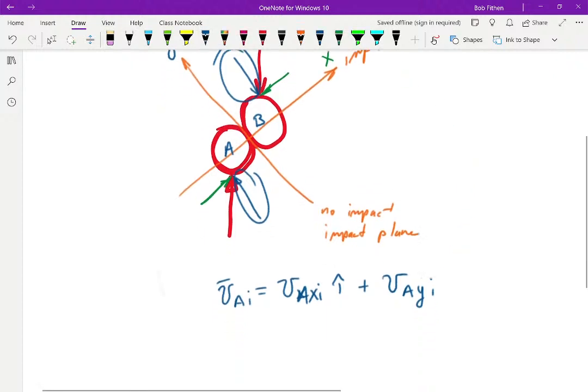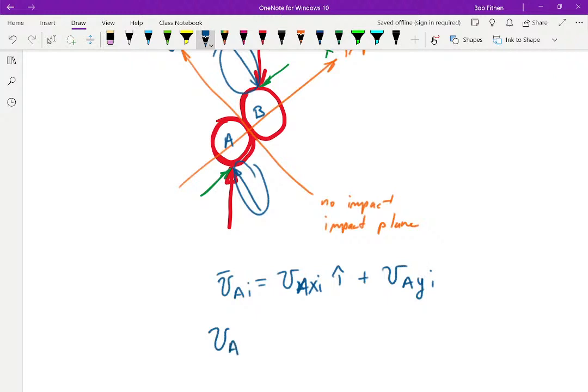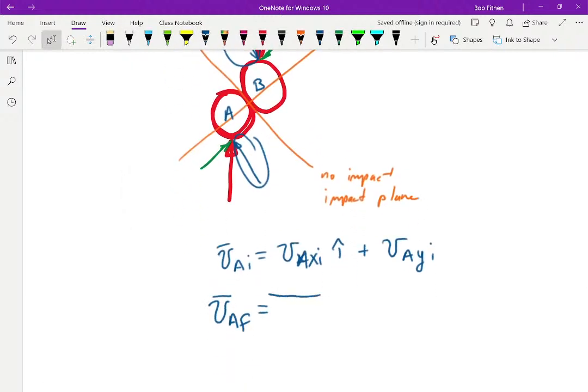Now, VA final, that being after impact, would be some particular value here plus the same value here.